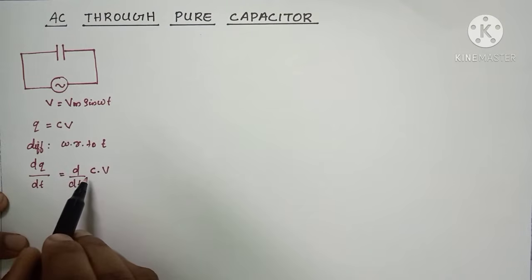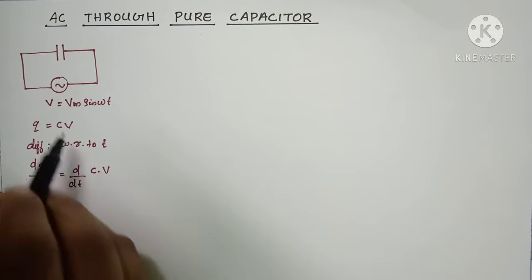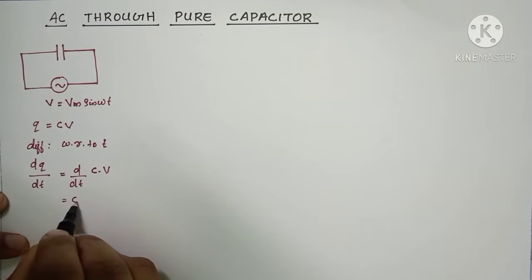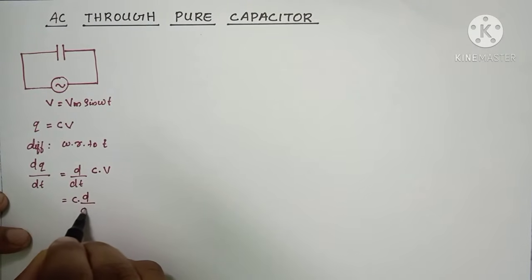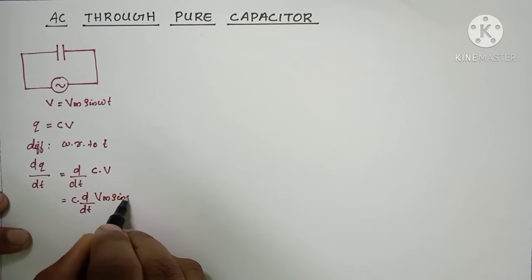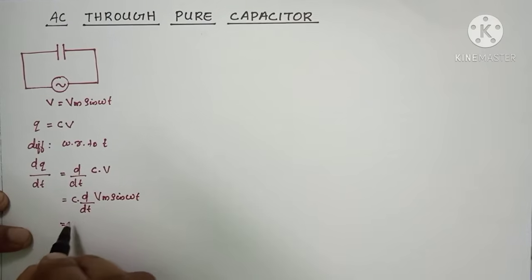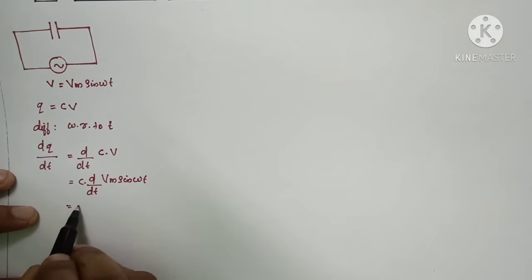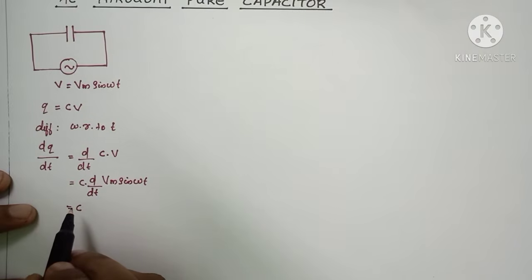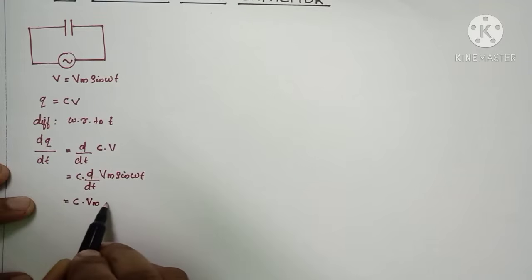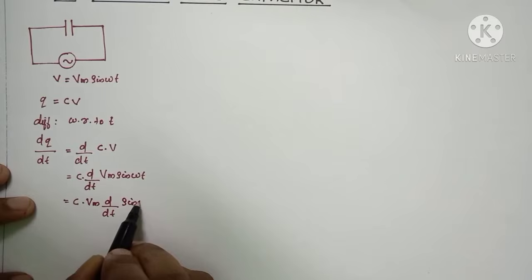So here C is a constant term and v is equal to Vm sin omega t, so C into d by dt of Vm sin omega t. Vm is a constant term here, so I can write it as C into Vm into d by dt of sin omega t.